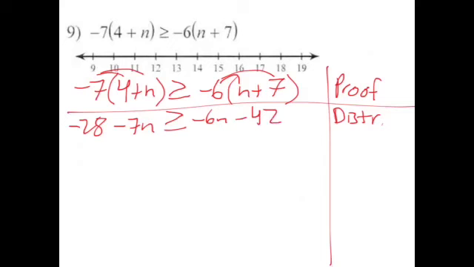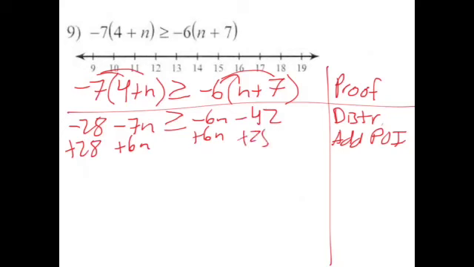I'm now going to be adding a lot. I'm going to use the addition property of inequality to add 6n to both sides, and I'm going to add 28 to both sides. I'm going to do this in one step, because all of that is just using the addition property of inequality.